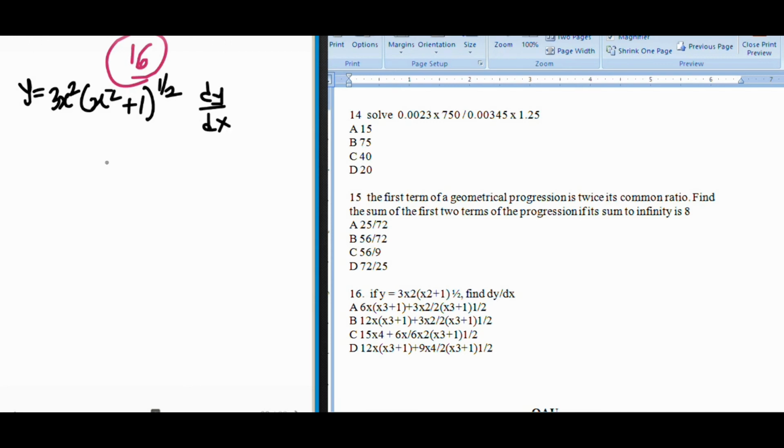Now, if you look at this, these questions are a combination of 2 functions. One, we are multiplying 3x squared by another expression in bracket, and the bracket has a power. That multiplication on its own is product rule. Now, the bracket to a power has to do with function of a function rule.